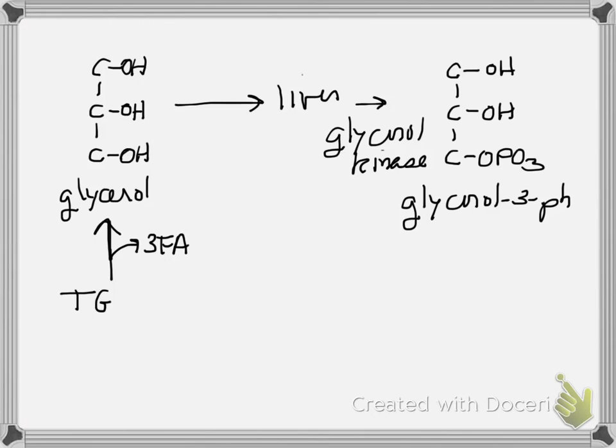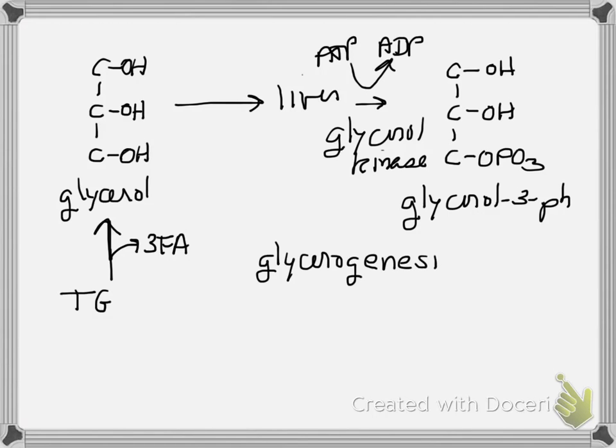And this is an enzyme that is rather unique to the liver. It's going to take glycerol, and it is going to add a phosphate group, hydrolyzing ATP, to form glycerol 3-phosphate. This process, you'll see in textbooks, is also called gluconeogenesis. We'll see this process again later on in the course when we talk about lipid transport.